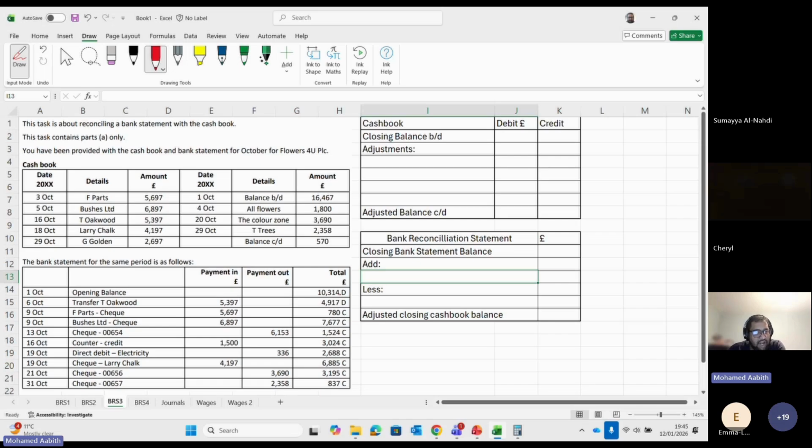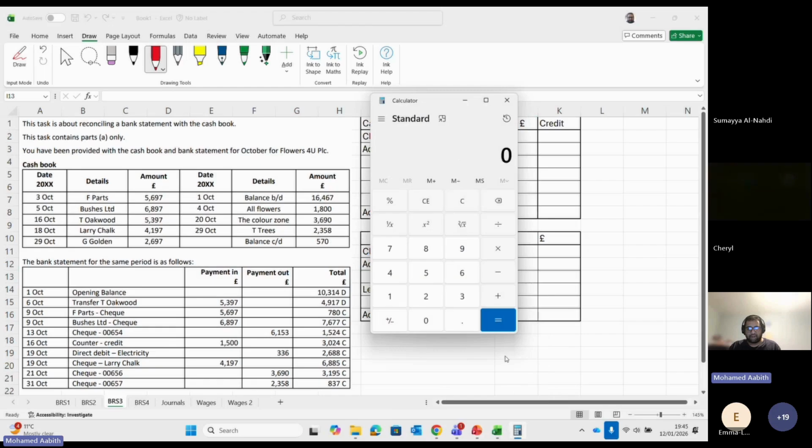We have a problem. So let's check what could be the reason behind it. Let's get the calculator out and check the difference. 16,467 minus 10,314. The difference between them is 6,153. What could that be? Can you check it here? There is a check, 00654.